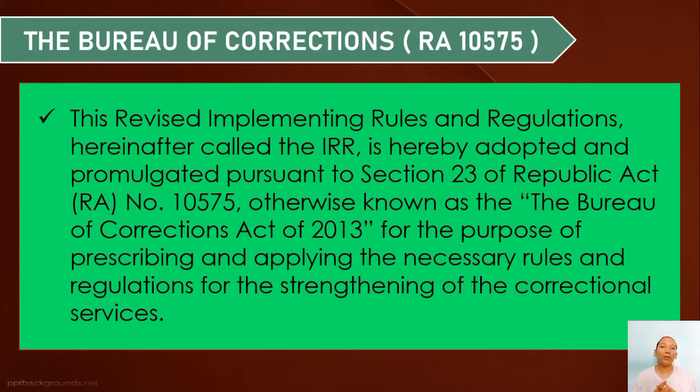This Revised Implementing Rules and Regulations, hereinafter called the IRR, is hereby adopted and promulgated pursuant to Section 23 of Republic Act number 10575, otherwise known as the Bureau of Corrections Act of 2013, for the purpose of prescribing and applying the necessary rules and regulations for the strengthening of the correctional services.